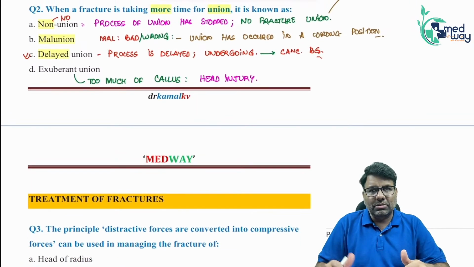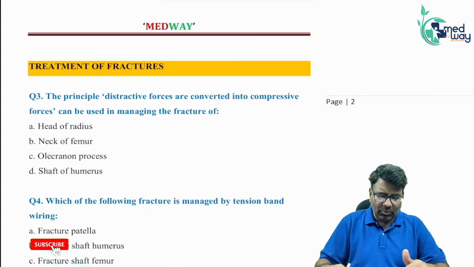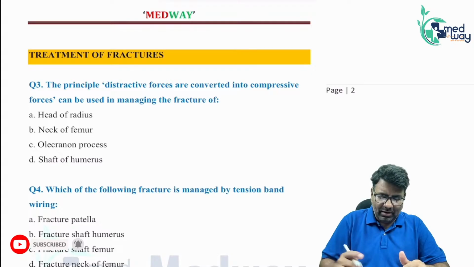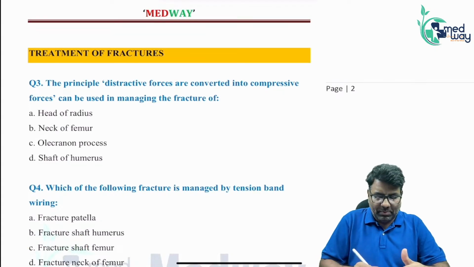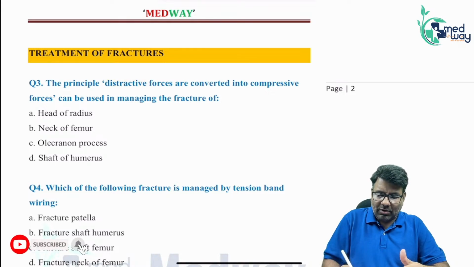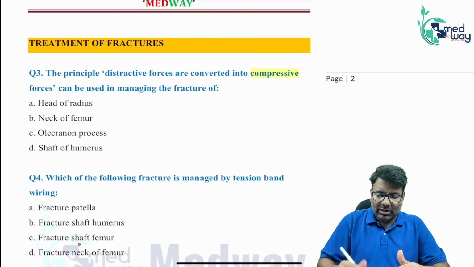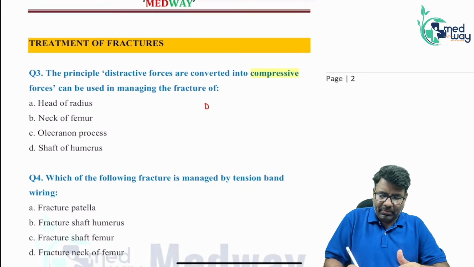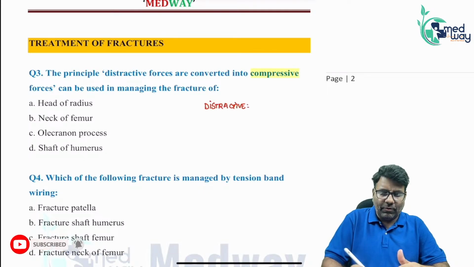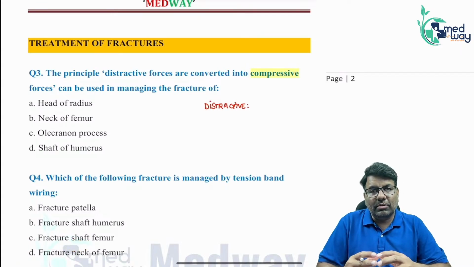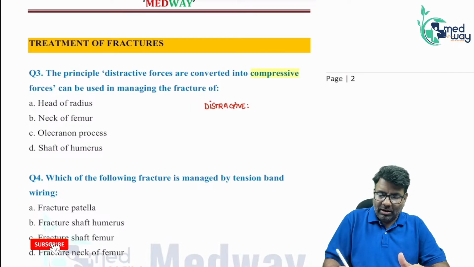So this is in relation to problems, complications with union. Then moving forward to another chapter, that is treatment of fractures, and here there is one surgical principle which says that the destructive forces are converted into compressive forces. Now destructive means the forces which tend to pull the fracture fragments apart, right?